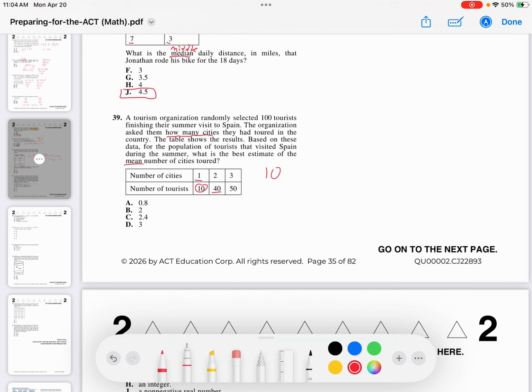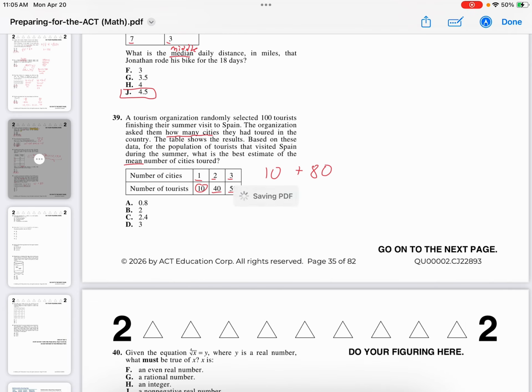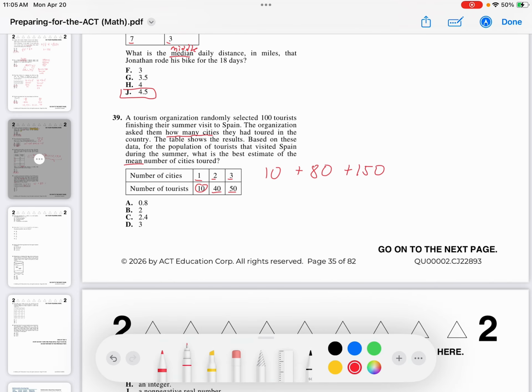Then I've got 40 tourists that visited 2 cities, so that would be another 80 cities that were visited. And then I've got 50 tourists that visited 3 cities, so that would be 150 cities that were visited. So I can add those all together. Let's see, that should be 240. I'll double check myself, but that sounds right to me.